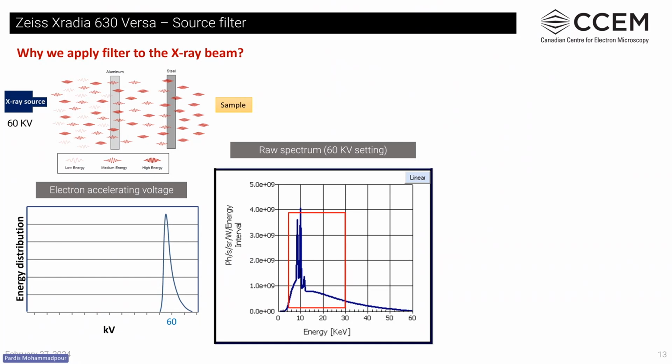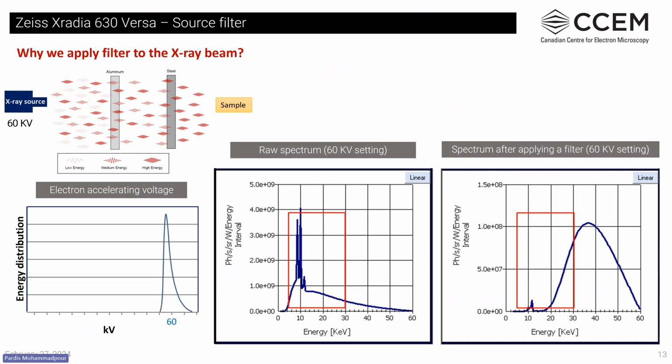After applying the filter, the low energy photons are absorbed by the filter. So it alters the spectrum, and the spectrum shifts towards the high energy portion significantly, as you see in this green box. When the filter is thicker or made of higher density material, it moves the spectrum even more towards the high energy portion. This is beneficial for imaging high Z materials.